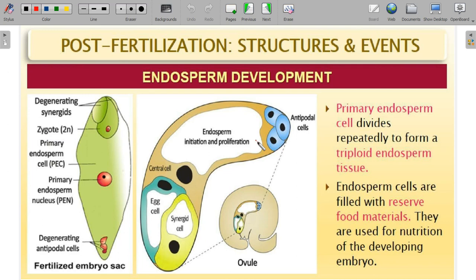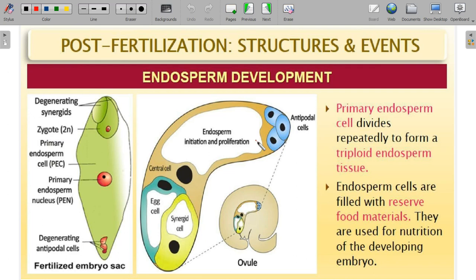I'll use Tamil now. We ask by two different names: do you want more water or more coconut? We used to ask like this. What is that liquid and what is that white kernel? That liquid is nothing but free nuclear endosperm, and the white kernel of a coconut is called cellular endosperm.